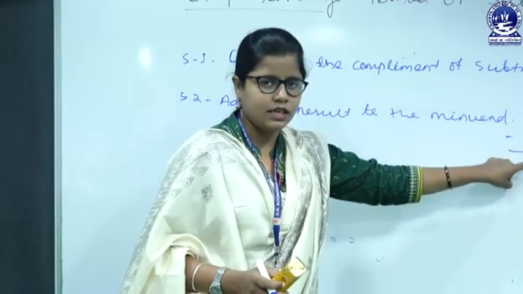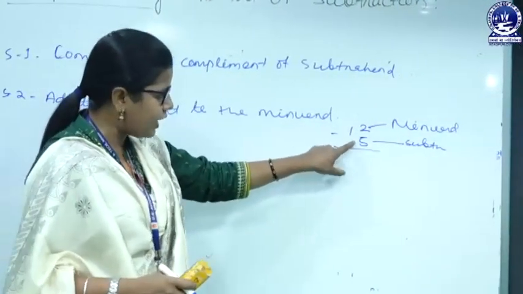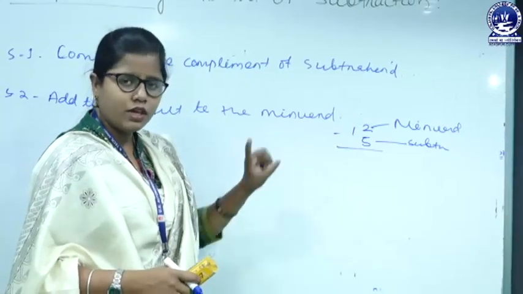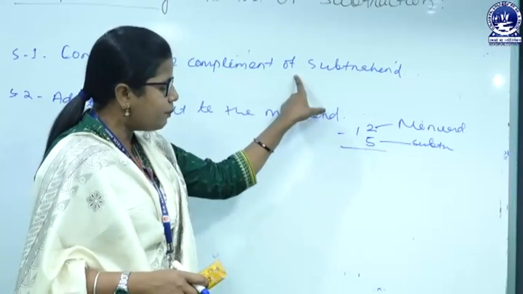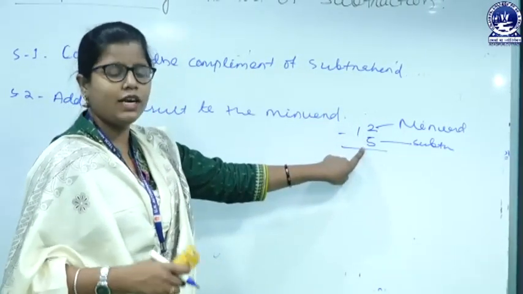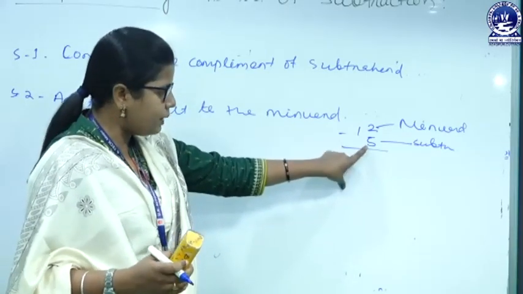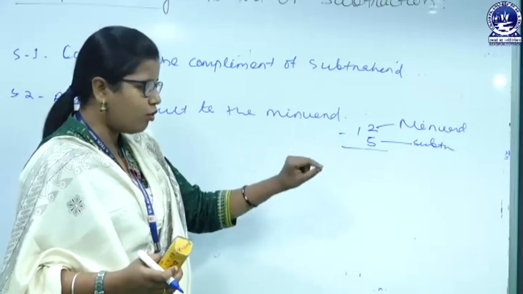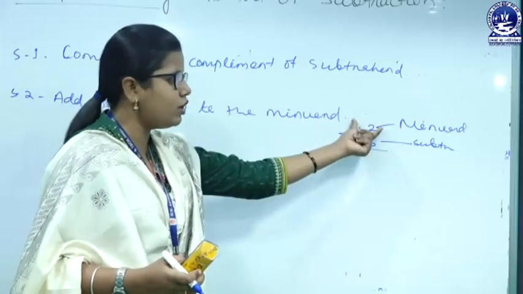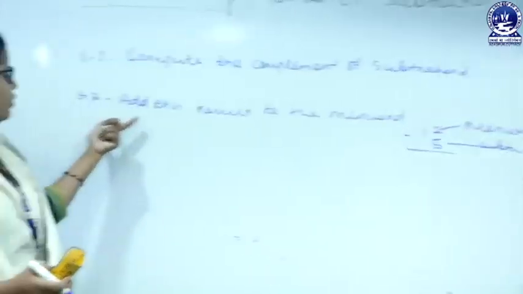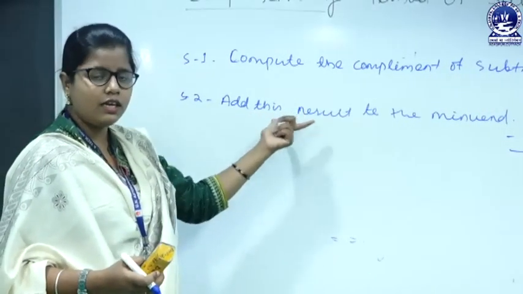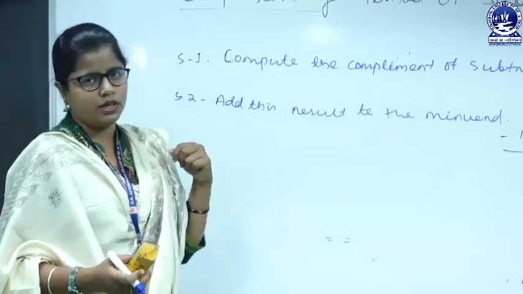That means if I want to subtract 5 from 12, then first I will go for complementing the 5. What is the complement of 5? Then after getting the complement of 5, I will go for adding that complement to the minuend. So the step 2 is add this result or complement to the minuend.